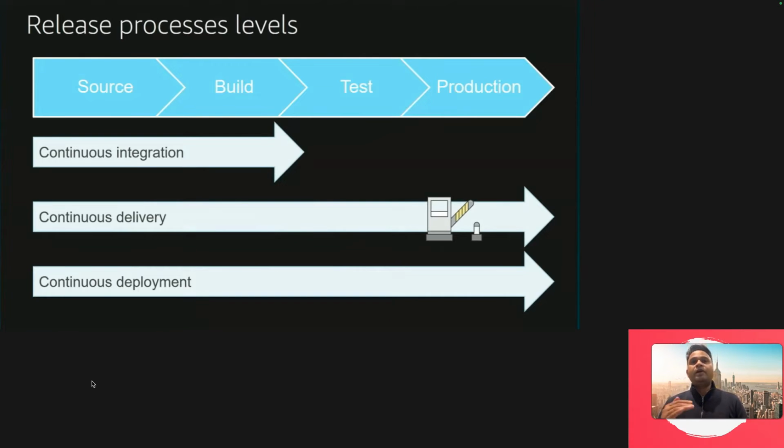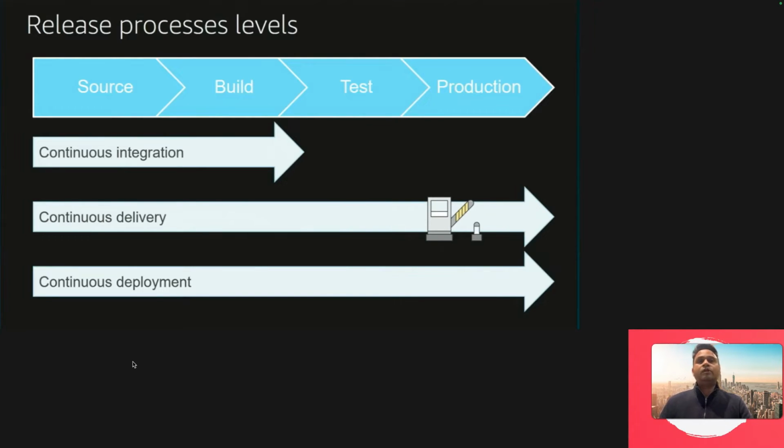Continuous delivery also includes a gatekeeper. It could be a process, a manual check, or some sort of release management board, which will ensure that anything going to production is what it is meant for, and it has gone through the whole testing cycle, and it is ready for production.